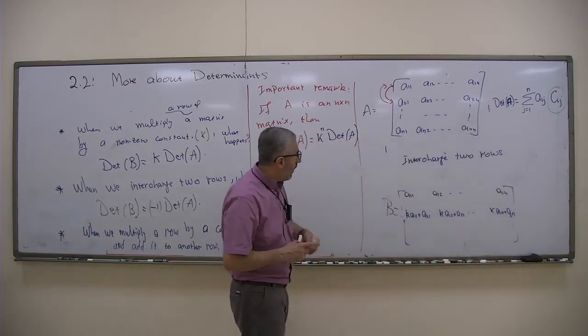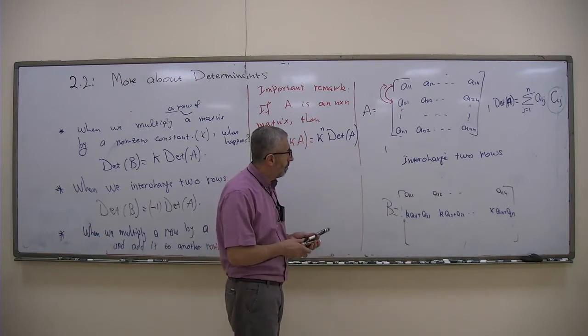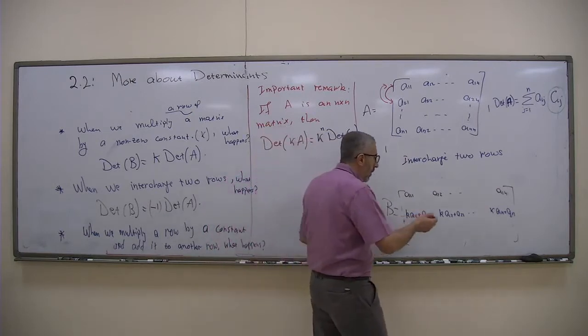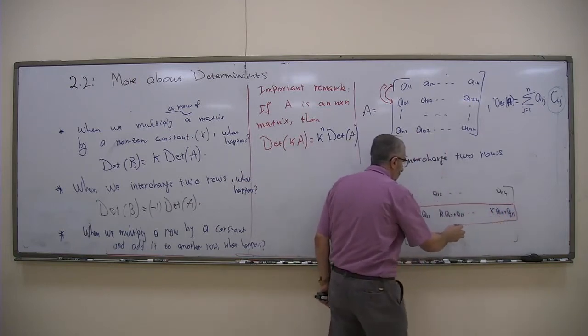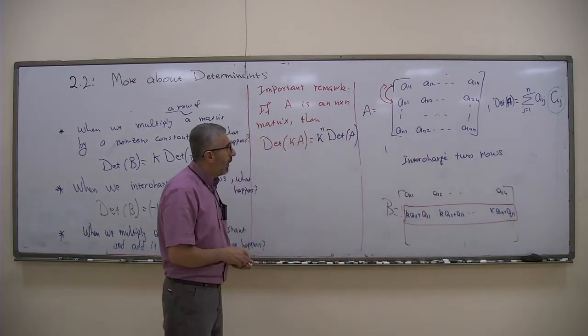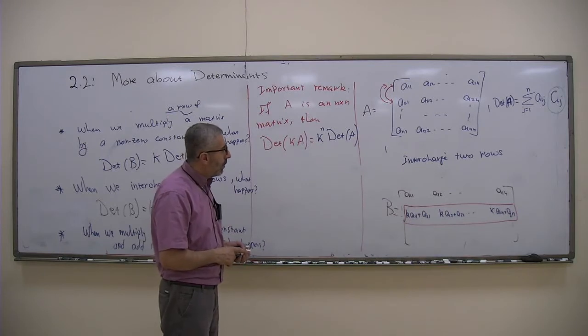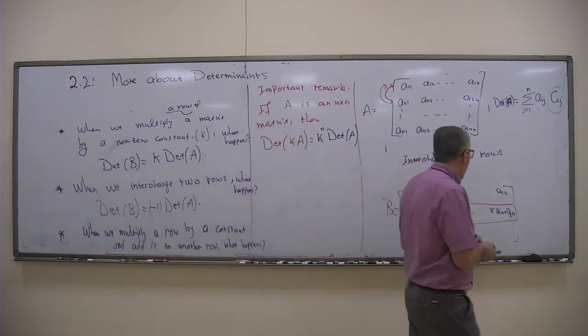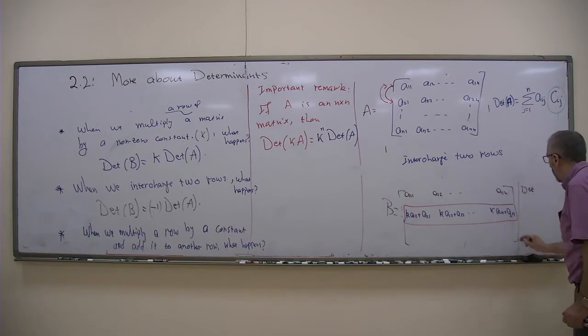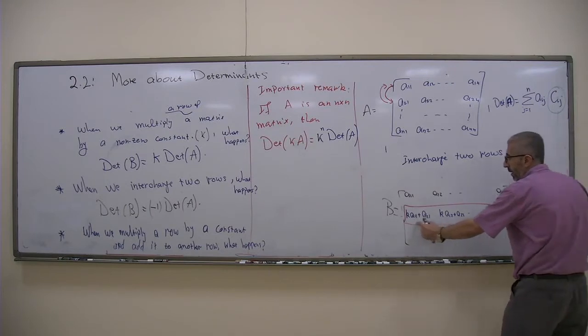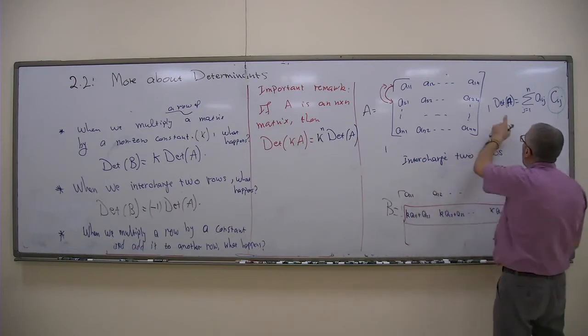So if you think about the determinant of B, and you focus on this row here, what are you going to get here? Determinant of B is going to be, I'm going to use this row to write the determinant here.